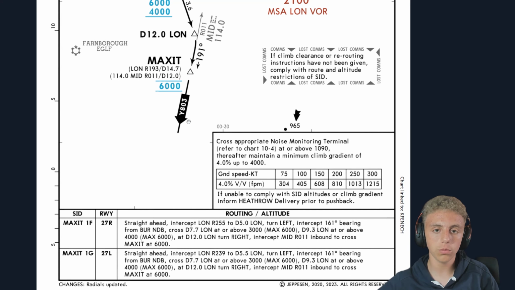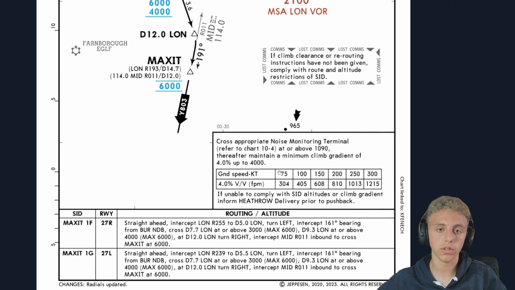Now, something new over here, this is the climb gradient. Pretty much it tells you that due to noise abatement procedures, you must maintain a climb gradient. What a climb gradient is, it's pretty much telling you how much you have to climb for every piece of distance you travel horizontally. So if I travel 100 feet horizontally, I have to climb 4 feet vertically to maintain this 4% gradient.